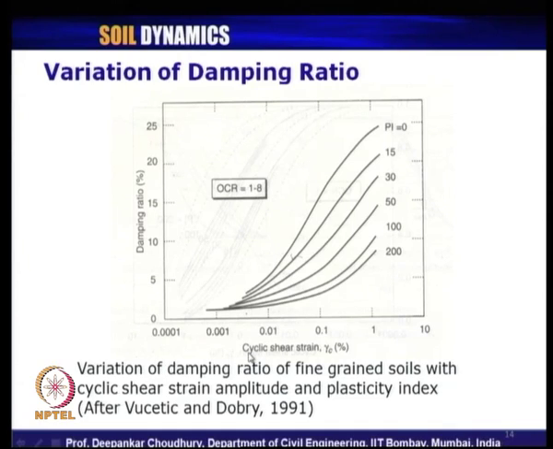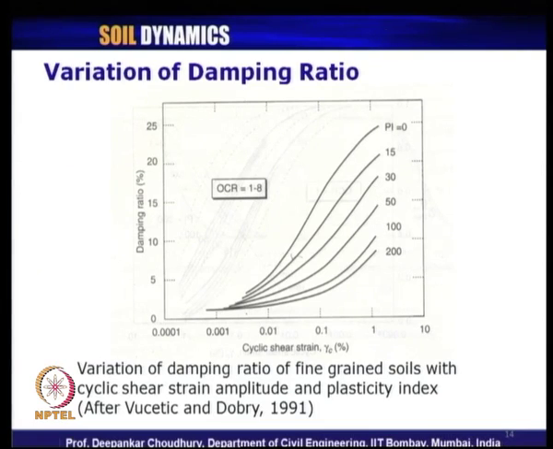As you can see, if the cyclic shear strain applied on a soil sample increases, the damping ratio of the material also increases. Also, if the plasticity of the soil decreases, then the damping ratio increases for the case of fine grained soil.